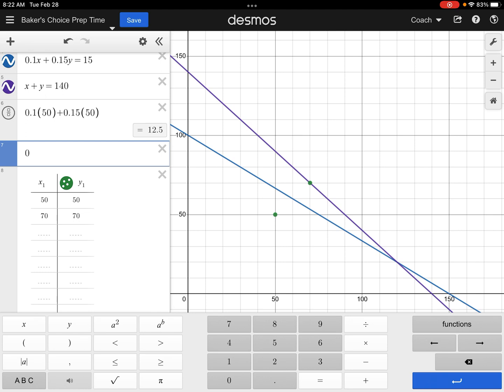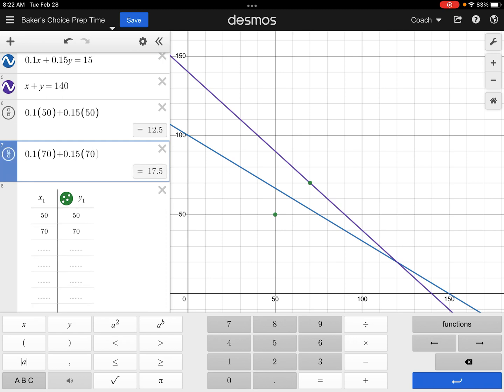How much time will it take to cook 70 plain, 70 iced? I'm going to plug that into my time equation. So 0.1 times 70 plus 0.15 times 70. And we see that that is equal to 17.5.